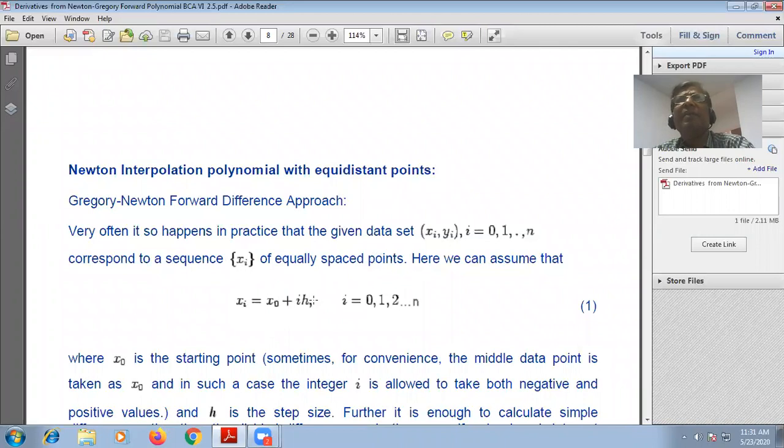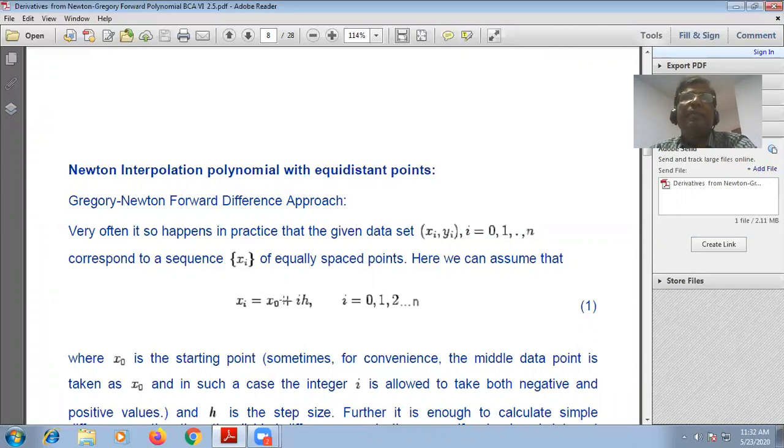Remember, since we are talking about equidistant points, the gap should be constant. So remember the concept of arithmetic progression, where there was a first term and a common difference. The second term was the first term plus the common difference.